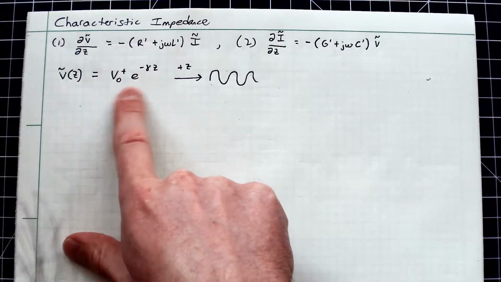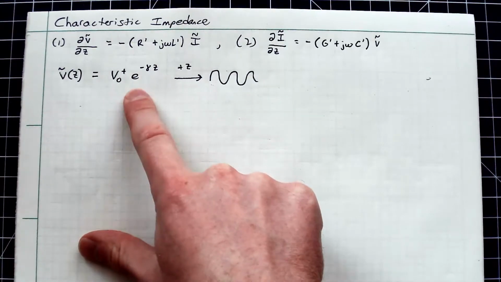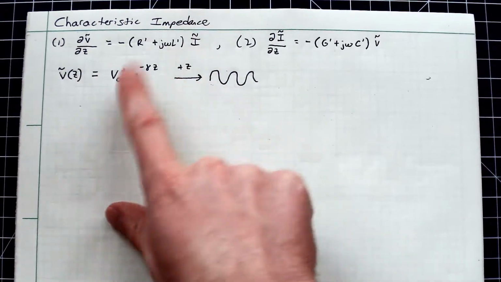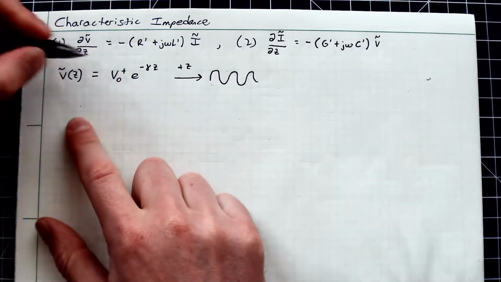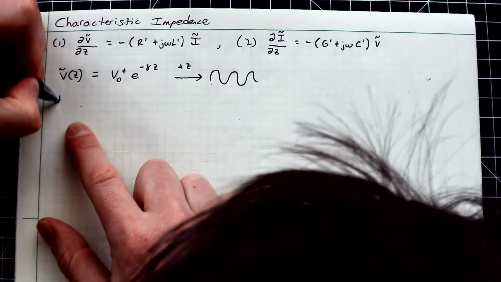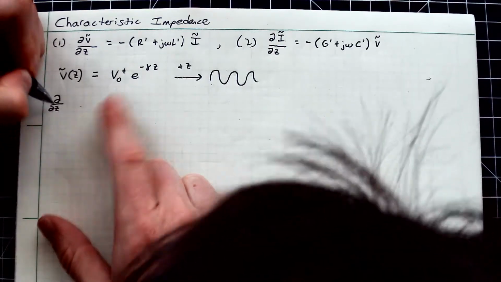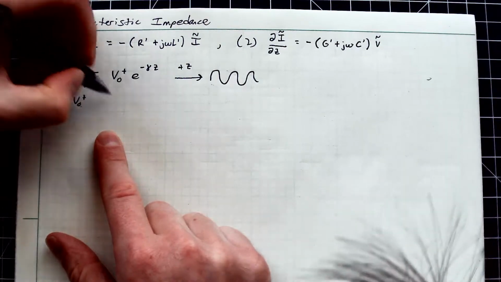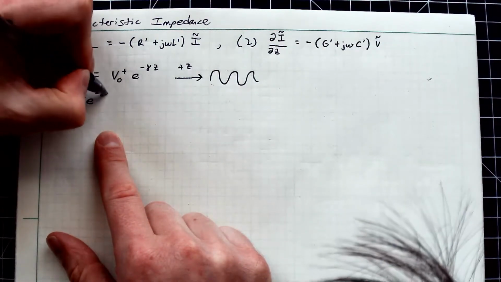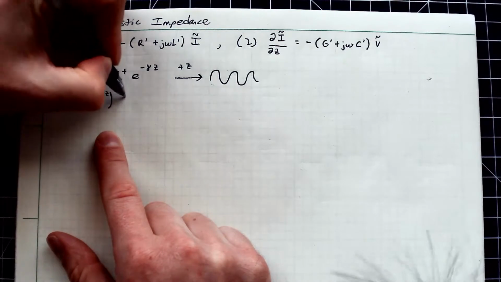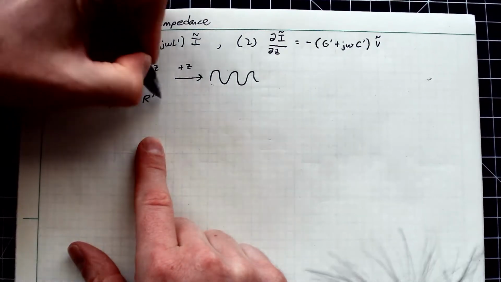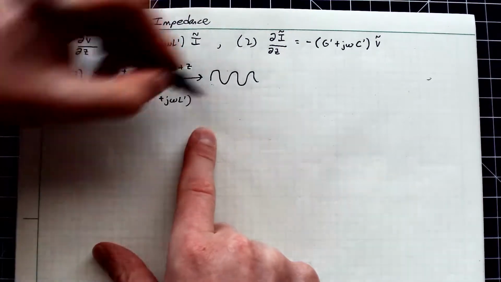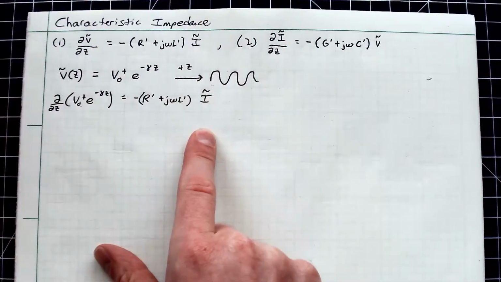So what I'm going to do now is take this solution, which we know satisfies our wave equation, and plug it back into here to see what kind of current must correspond to this voltage. So I'm just going to take the partial derivative with respect to z of this term here. V naught plus e to the minus gamma z is equal to negative (r prime plus j omega L prime) times my current.